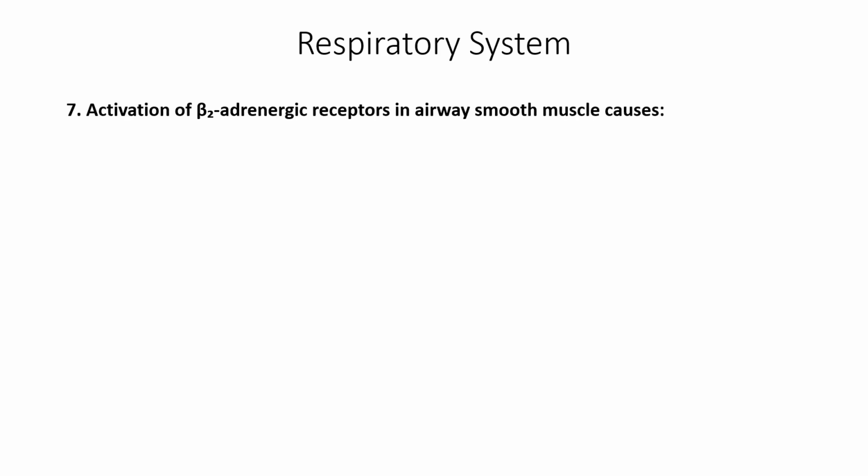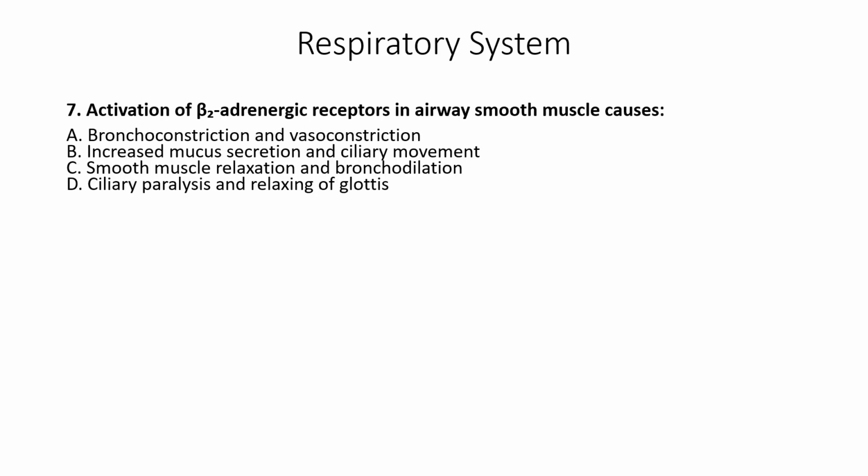Okay. All right. We have another question. This is about the neuroendocrine functions within the respiratory system. You have the activation of these beta 2 adrenergic receptors in the airway smooth muscles. So what would this cause?